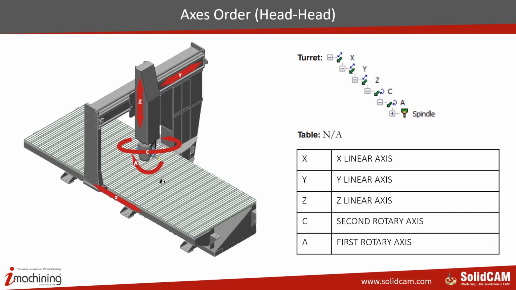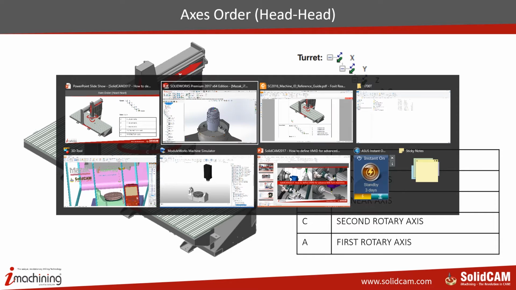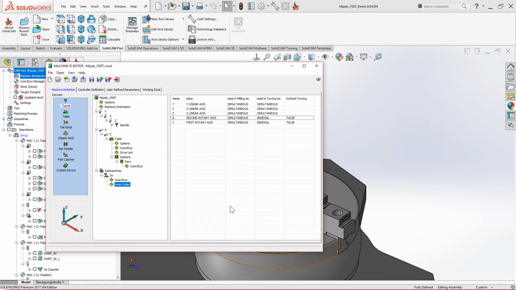Alright, perfectly. Let me go back to the VMID itself, and over here we can define all of our axes, how they can be used in the milling as well as in the turning. The available options are simultaneous, indexial, or not used at all. So in milling, all those 5 axes are simultaneous, and I would like it to be that way.